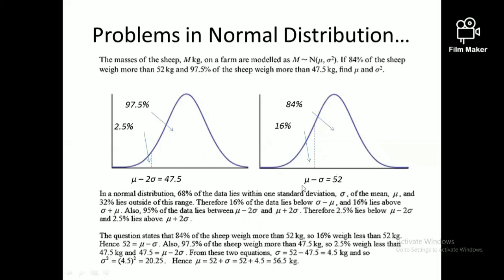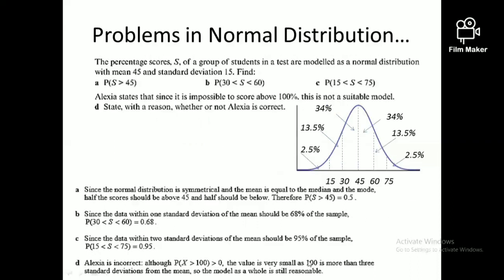Then you get the first equation as mu minus sigma is 52 and mu minus 2 sigma is 47.5. Therefore, you can find out the values of mu and sigma like this.